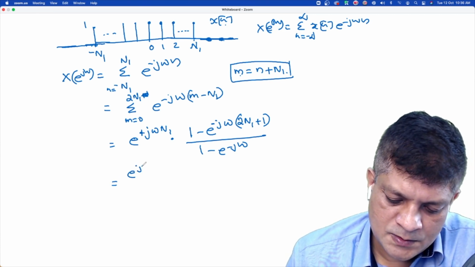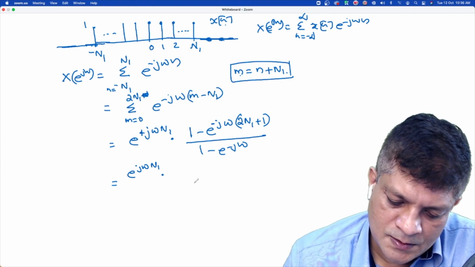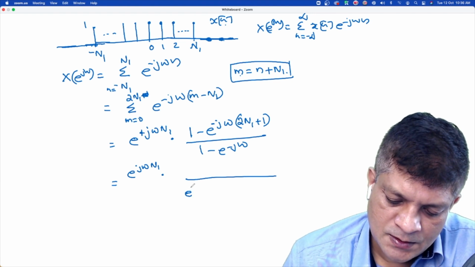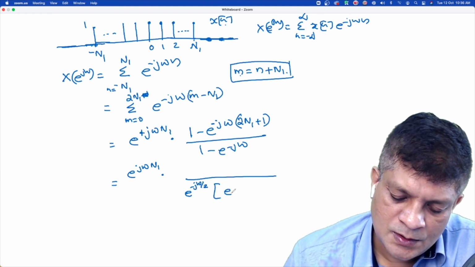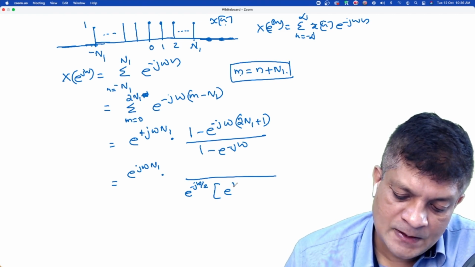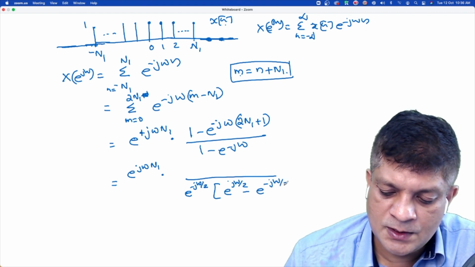e to the power j omega n1 into, let me write the denominator first as e to the power minus j omega by 2 into e to the power j omega by 2 minus e to the power minus j omega by 2.